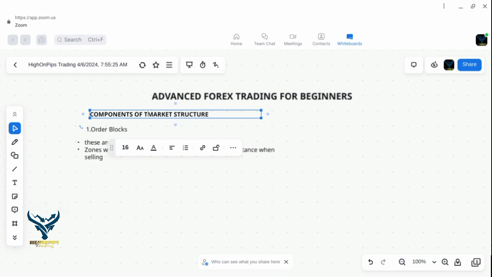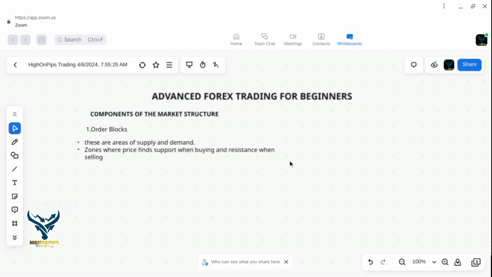So remember, our previous lesson was on the market structure itself. So right now we are looking at the components of the market structure. There are so many components of the market structure, but I am only going to focus on order blocks because I only want to give you what I personally think is necessary.